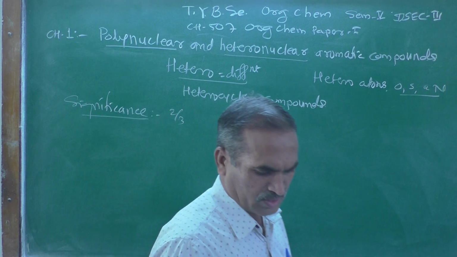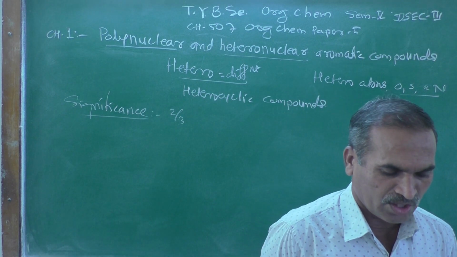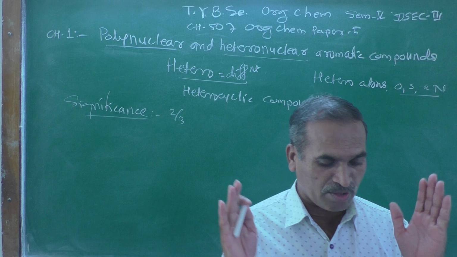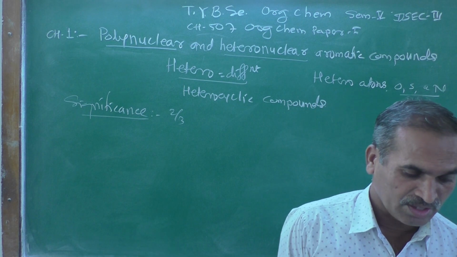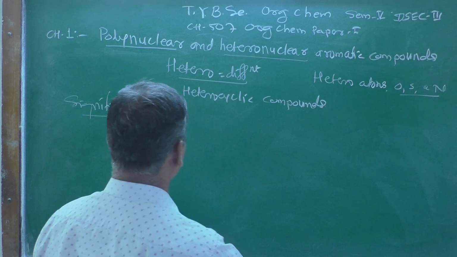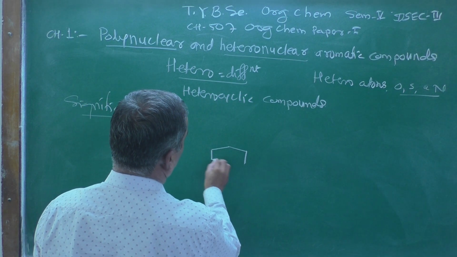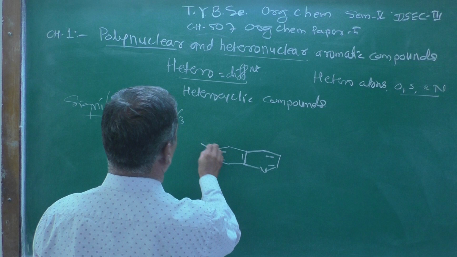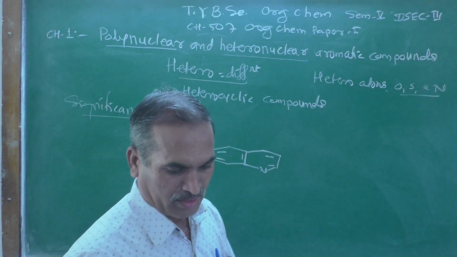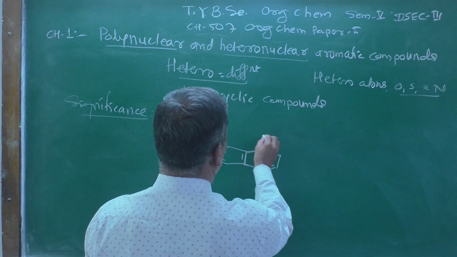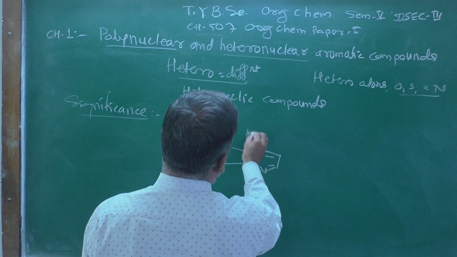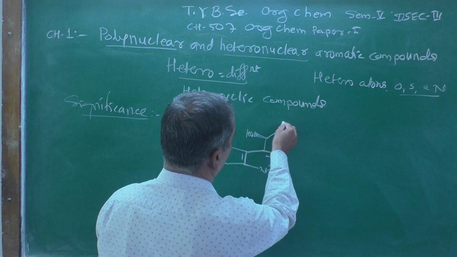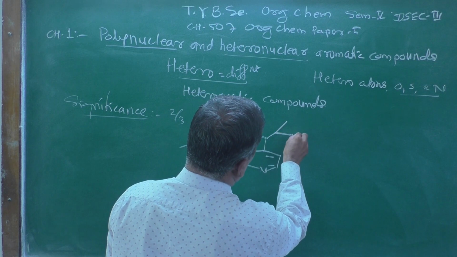Two-thirds of all organic compounds are aromatic heterocycles, and most pharmaceuticals are heterocycles. For example, I am showing here one of the polyheterocyclic compounds, with stereochemistry shown over here.